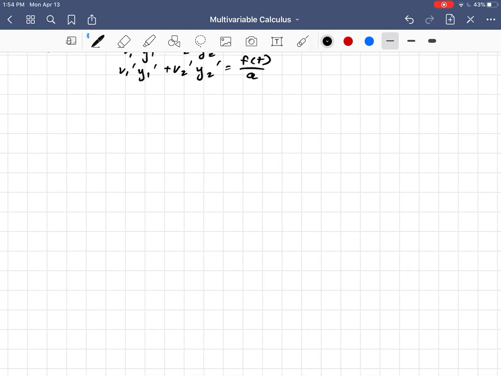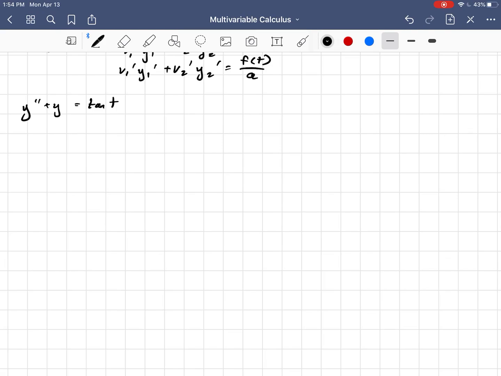So let's work through an example. This is a pretty classic example. Let's do y double prime plus y, is equal to the tangent of t. Now notice, though, that the method of undetermined coefficients could not solve this, but variation of parameters can.